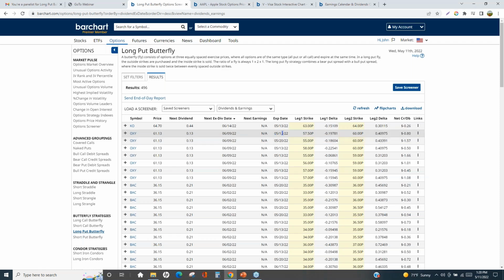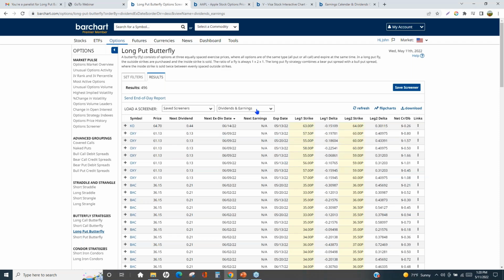And since this strategy is going to be a very short time frame, that's what we want to look for. What we want to make sure is that our dividend date is outside of our expiration date, or that we don't have a dividend date inside of our expiration date. That would be problematic for our strategy.